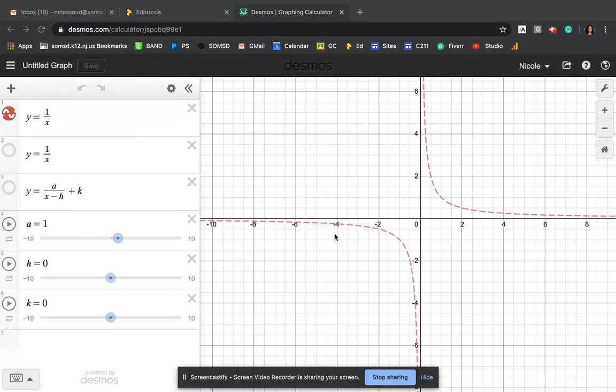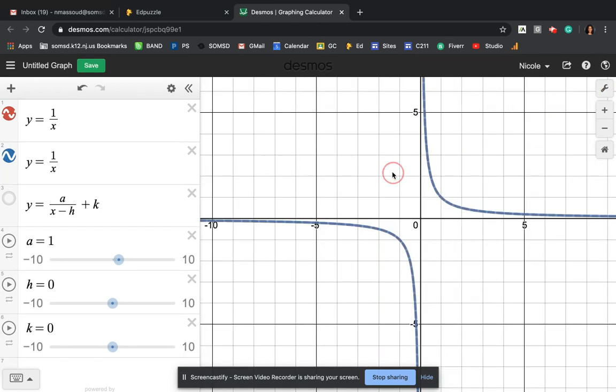So this is your parent function, y equals 1 over x. Okay, so y equals 1 over x is this dotted function right here. So if I click this, it just got graphed on top of the dotted function.